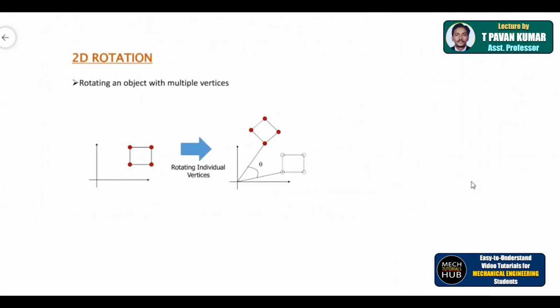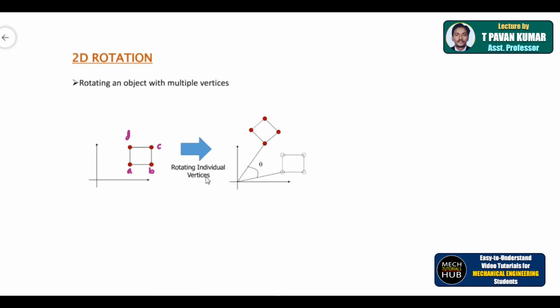We have covered translation. Now have a look at 2D rotation, rotating an object with multiple vertices. When you have multiple vertices, something like this, how to rotate? Let me call this as A, B, C, D. This is the actual position.